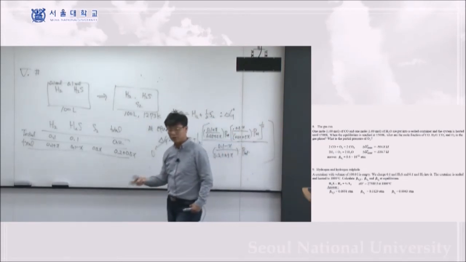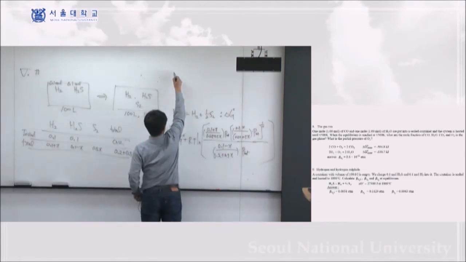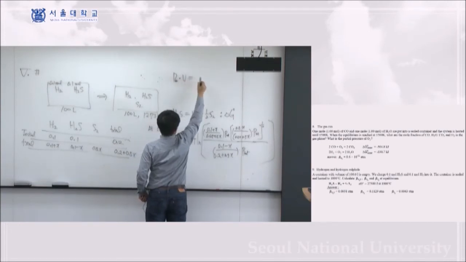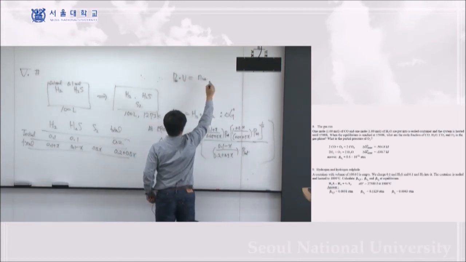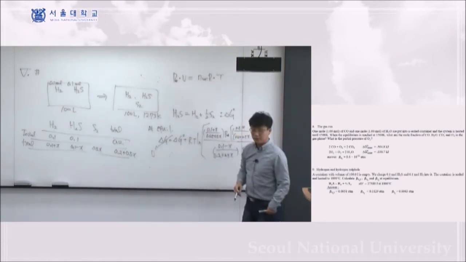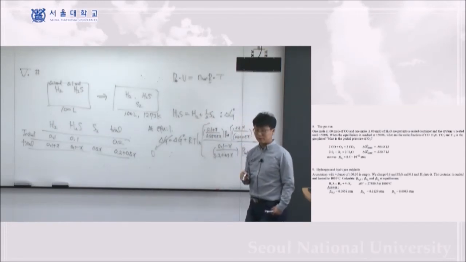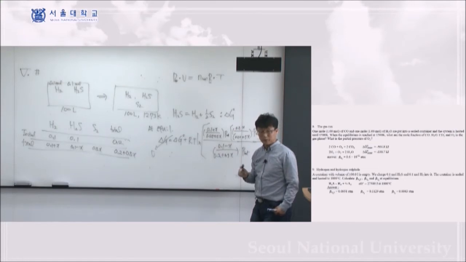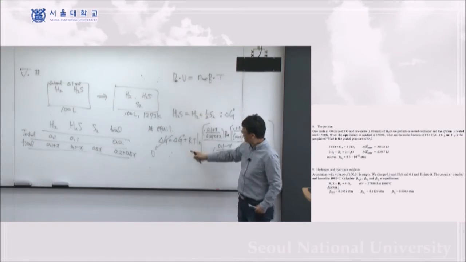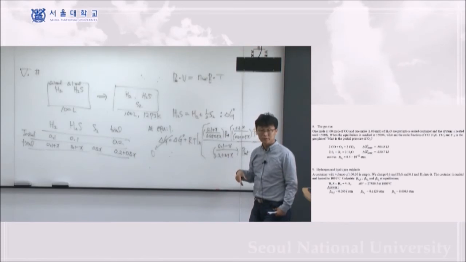So PV equals nRT, the ideal gas law. So we have P total V total equal to N total R T. Now you have two different R in the same question. That's why you have to be very, very careful. The ideal gas law R, and the delta G reaction R are different R values, with different units.